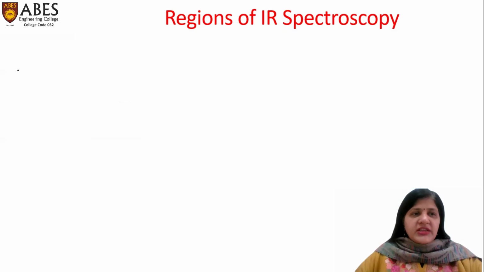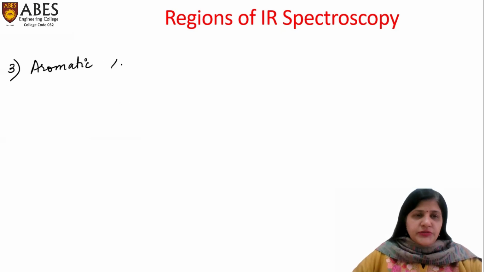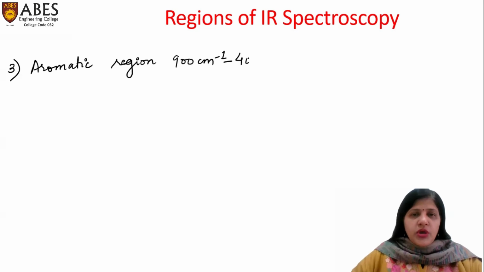The third region of IR spectroscopy is the aromatic region, or low intensity region, which corresponds to 900 cm⁻¹ to 400 cm⁻¹.